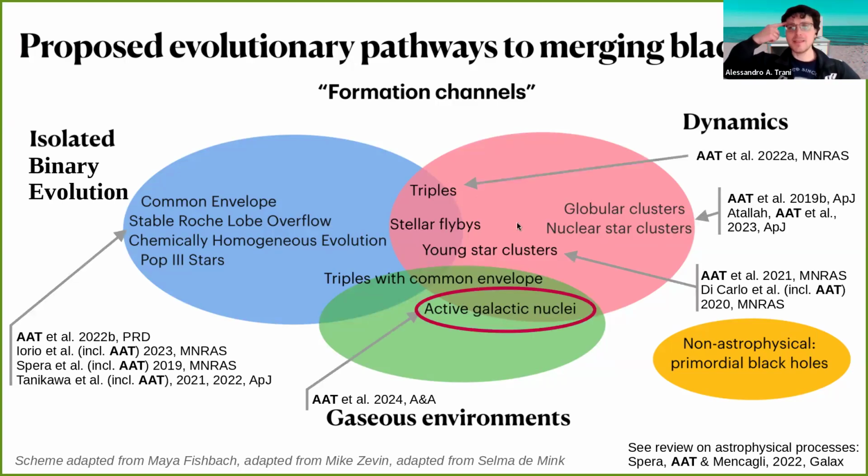So I am a dynamicist, so my main interest is in this red region here, but I have also worked on isolated binary evolution, and my main interest in this sense is modeling the non-Newtonian part of the evolution of a binary, which includes interactions with the common envelope, so with, say, background gas, a gaseous medium, or tidal evolution of two close stars, which is important to, for example, produce spun-up stars and maybe impart a primordial spin to the black holes they form.